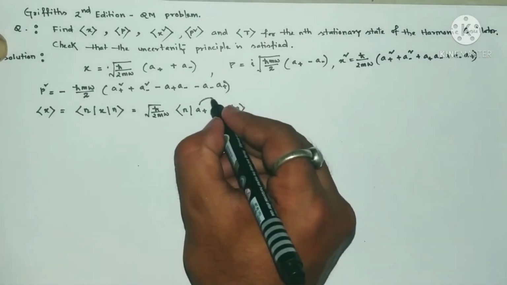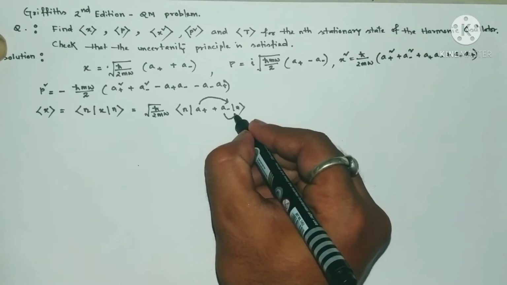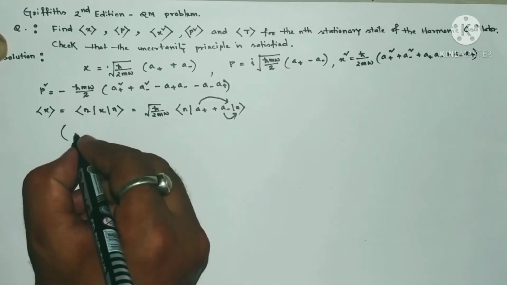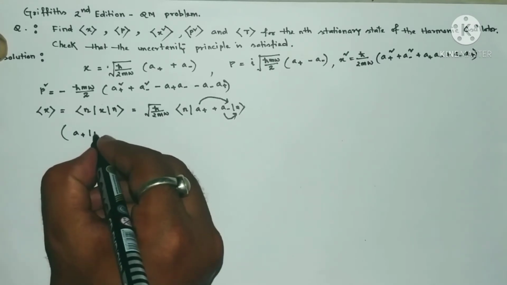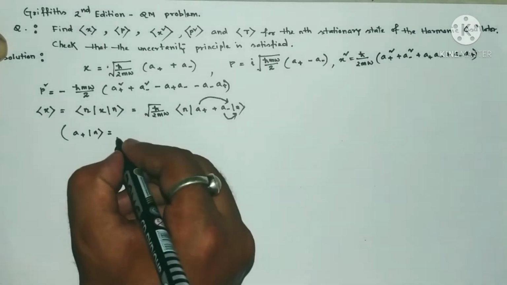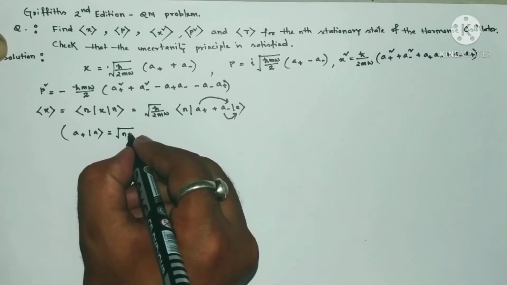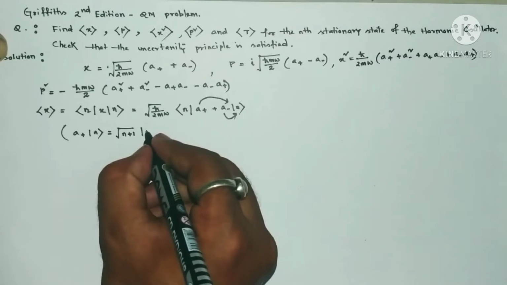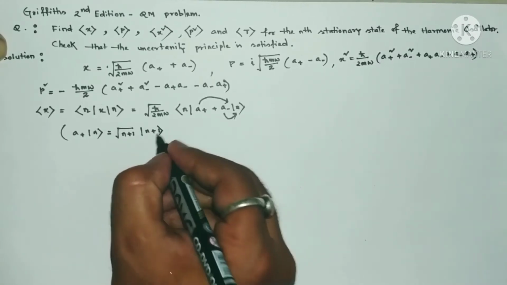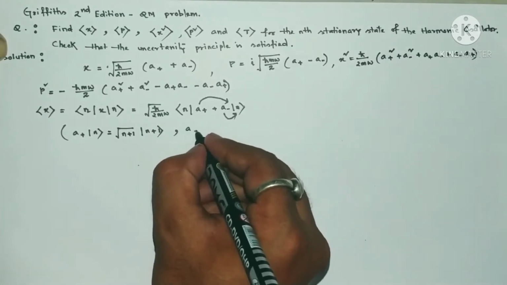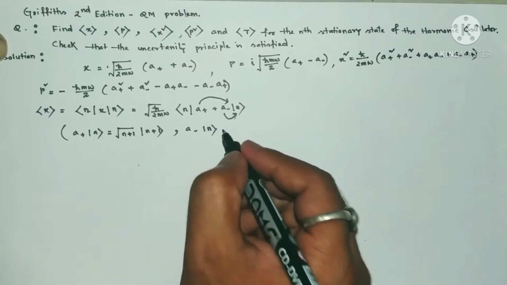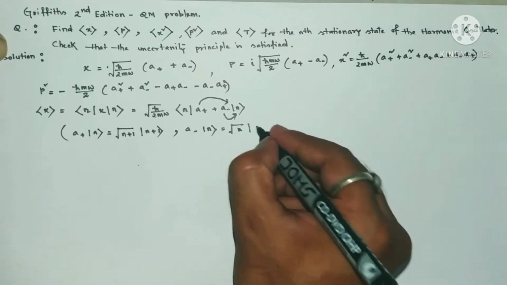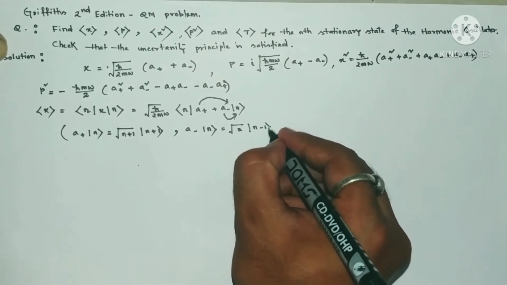So when a plus operates on n we will be getting under root n plus 1; this n will be incremented by 1 and the state will be n plus 1. Similarly, for a minus operating on n, it will be under root n, but the state will be n minus 1.